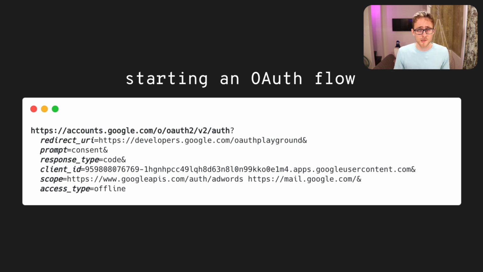The initial URL to Google looks something like this. The relevant part here is the scope section. In the scope section, you have to provide which permissions you want to ask the user for. So in this example, we are asking for Adverts and Gmail access, and it's up to the user to actually decide if she wants to give that access to you or not.